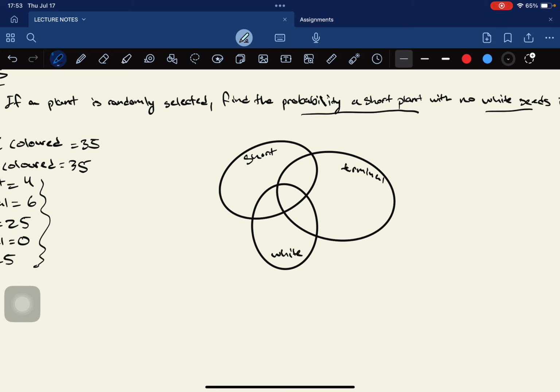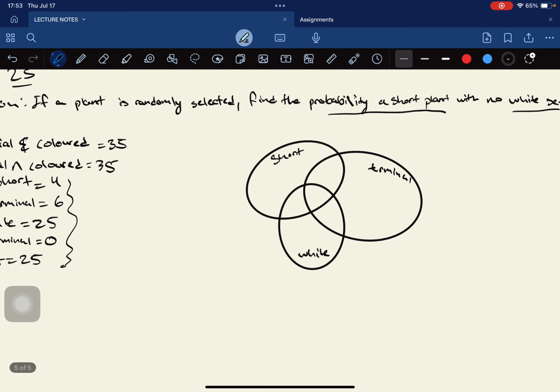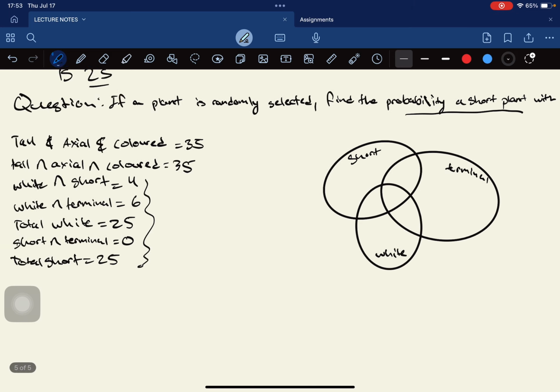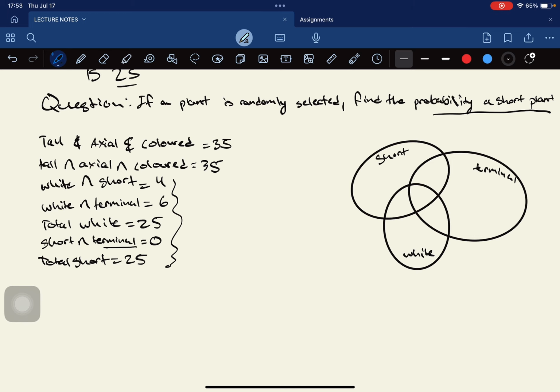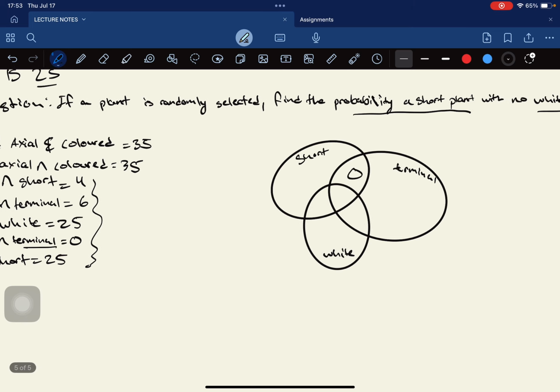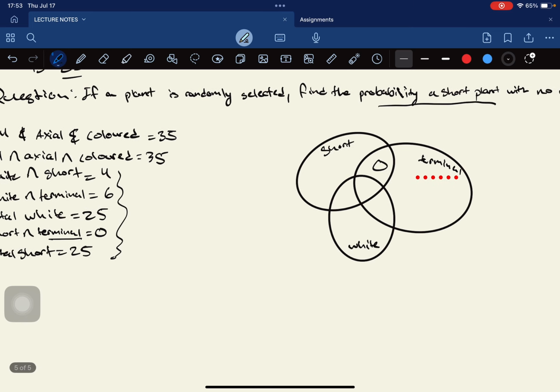Now we have to work in the middle. What intersects with short and terminal? We know short and terminal is 0, and whatever is on top has to be in the three intersections as well. So this is 0, unless it's mentioned. He said whatever is on top of here goes on the bottom of here.